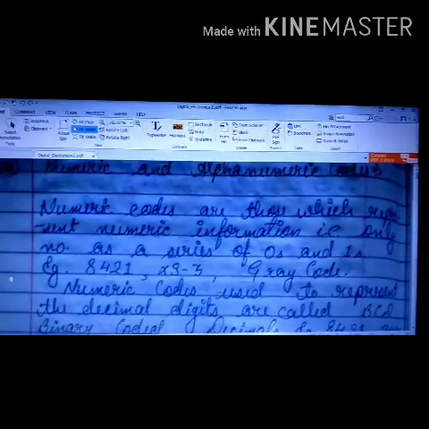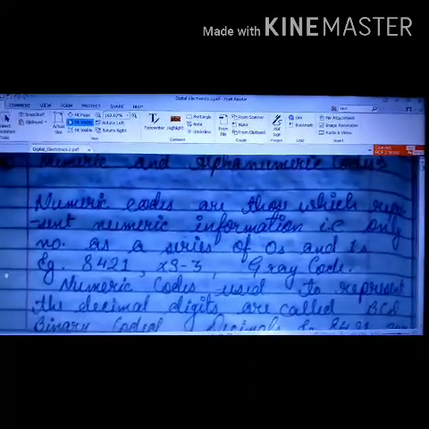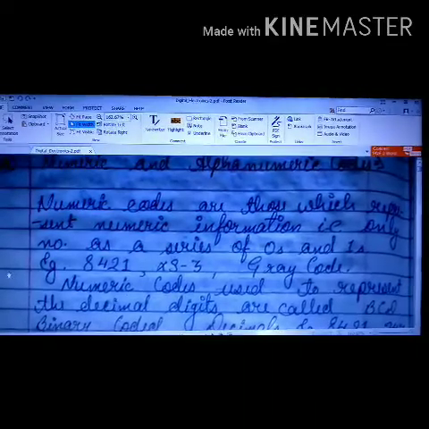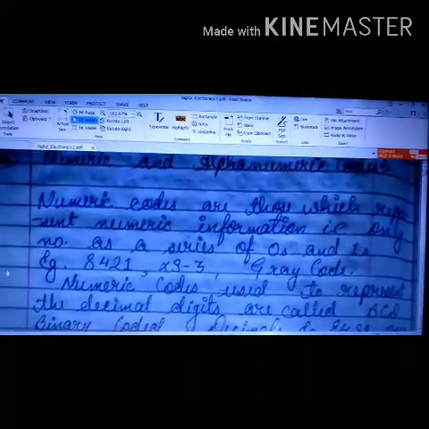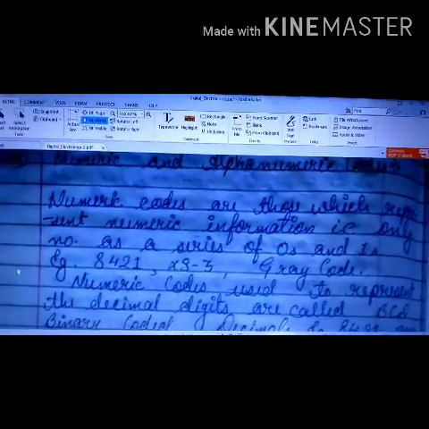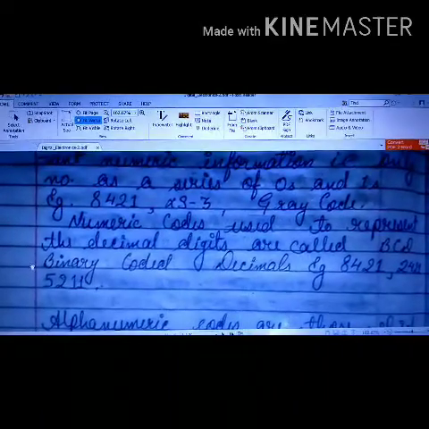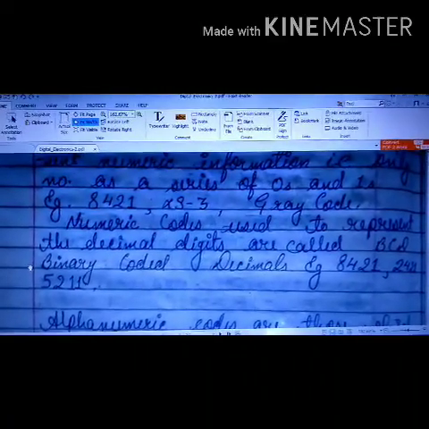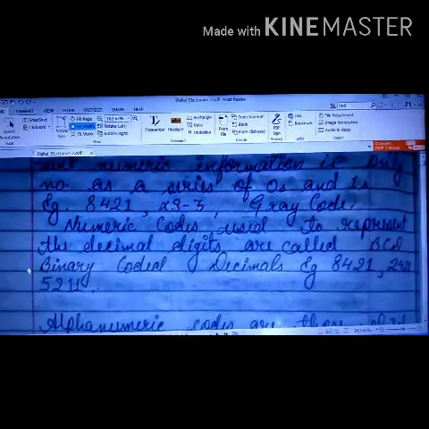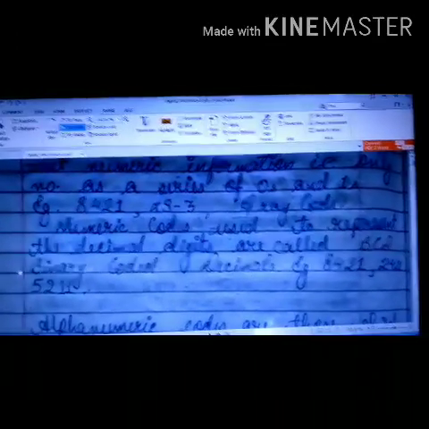Since we are studying binary codes, obviously we cannot use any number greater than 0 or 1 for these codes. 8421 is the normal 4-bit binary code; XS3 and gray code are special binary codes. Numeric codes used to represent the decimal digits are called BCD, binary coded decimal, for example 8421, 2421, 5211.